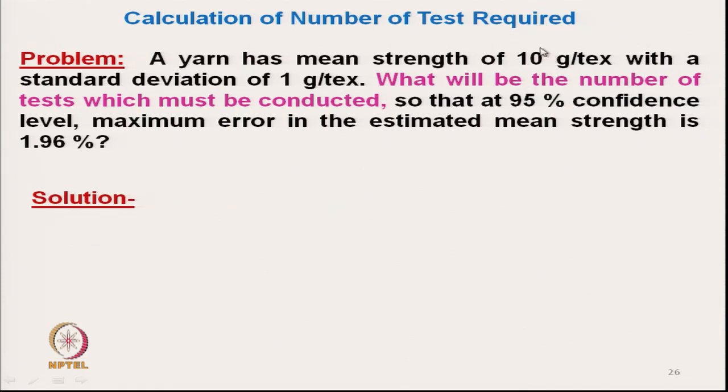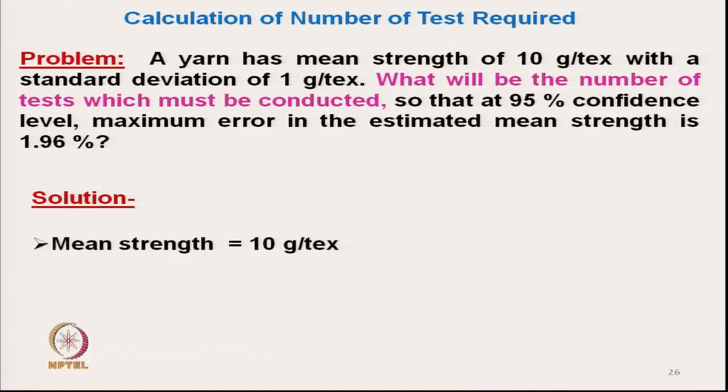So, the mean can vary 1.96% on the plus side or 1.96% on the minus side. Within that range it is allowed, and the standard deviation is known, and I have to calculate at 95% confidence limit.